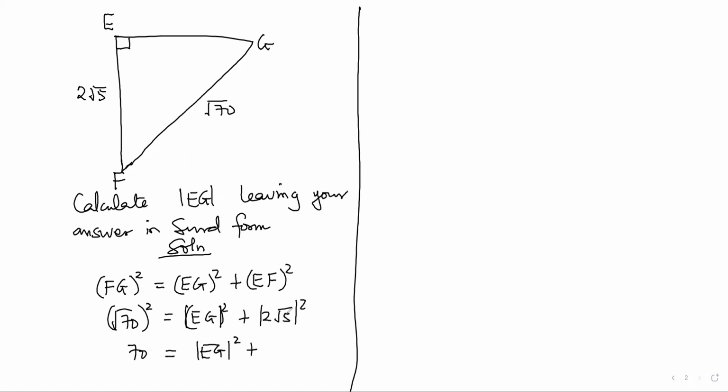This will give you 4 times 5, because 2 squared is 4. And the square will break this one, making 5. So 4 times 5 over here, giving you 20. Then we group like terms. So you have 70 minus 20 equal to EG squared. So 70 minus 20 is 50.